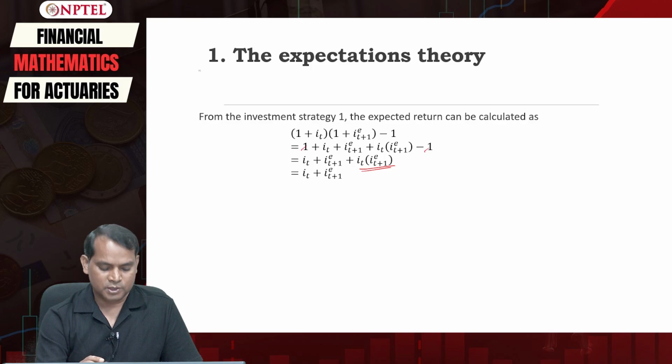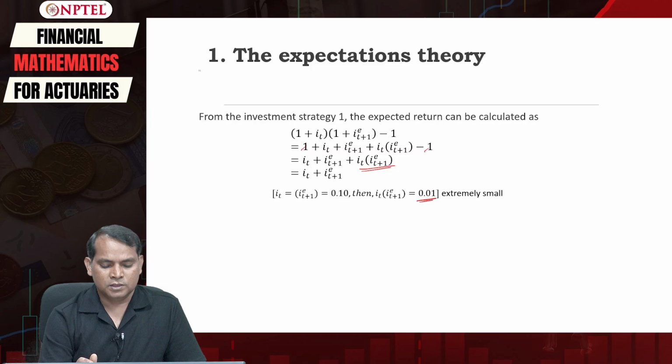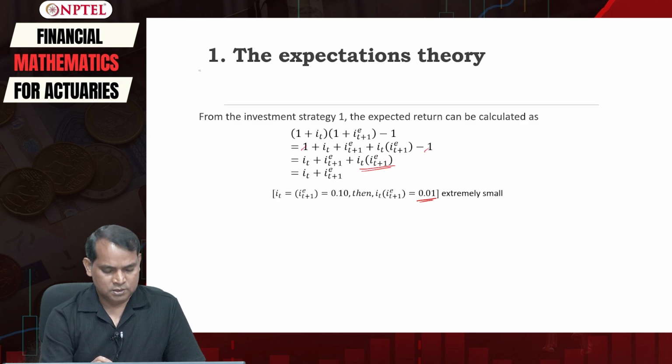For example, if i_t is equal to 10% and i_{t+1}^e is also equal to 10%, then their product will be only 0.01, right? And therefore we can ignore this.